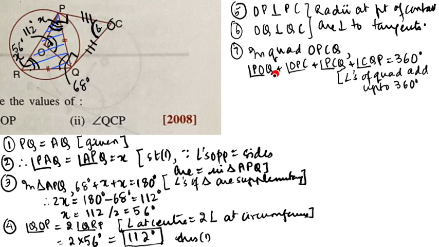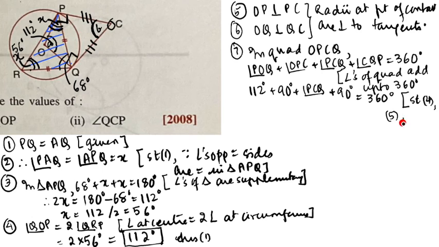How much is POQ? That is 112 degrees plus OPC is 90 degrees plus PCQ we do not know plus CQP, that's again 90 degrees, is equal to 360 degrees, and here it will be from statement 4, 5 and 6.